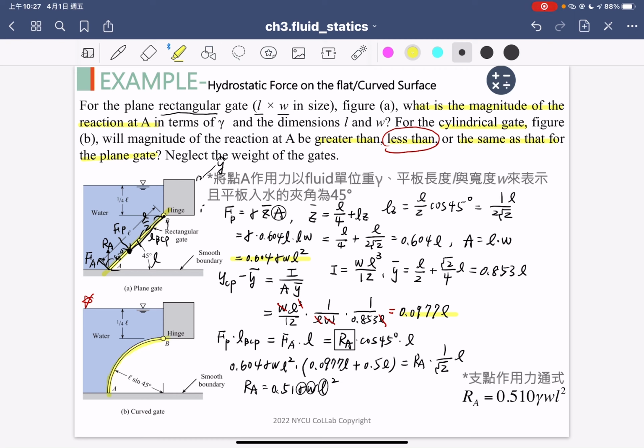The reason why the second condition, the curvature gate, has the smaller reaction force compared to condition 1 is that above the curvature, the liquid loading is smaller because this is a curvature shape.